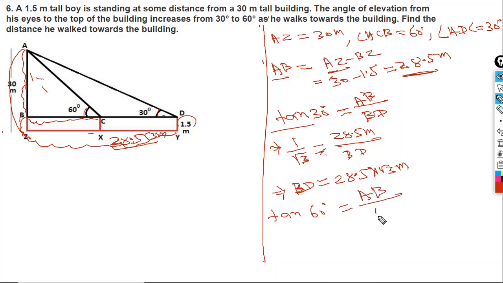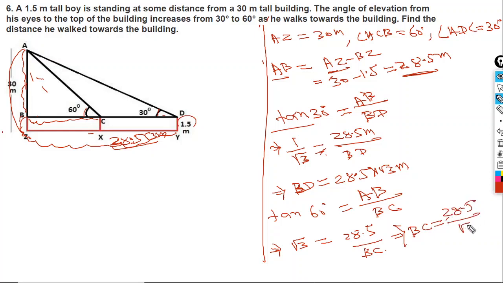You know that tan 60 is root 3. So root 3 equals the length of AB, 28.5, divided by BC. You don't know BC, so just write BC. This implies BC equals 28.5 by root 3.